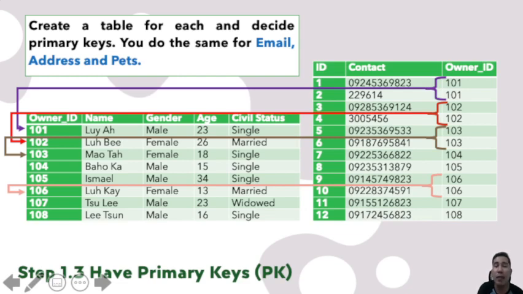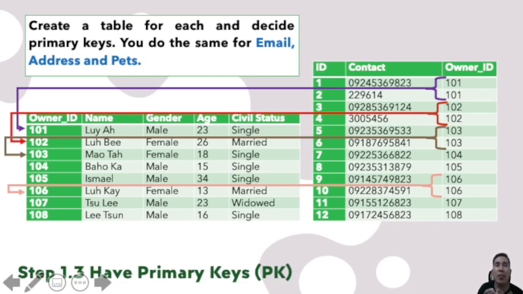That is why we have to decide a primary key for this table, just for us to create a relationship between these two tables. And that one is actually called a surrogate key. If you cannot decide on any primary key for that table, just like for this contact, then you can assign a surrogate key for this particular table.